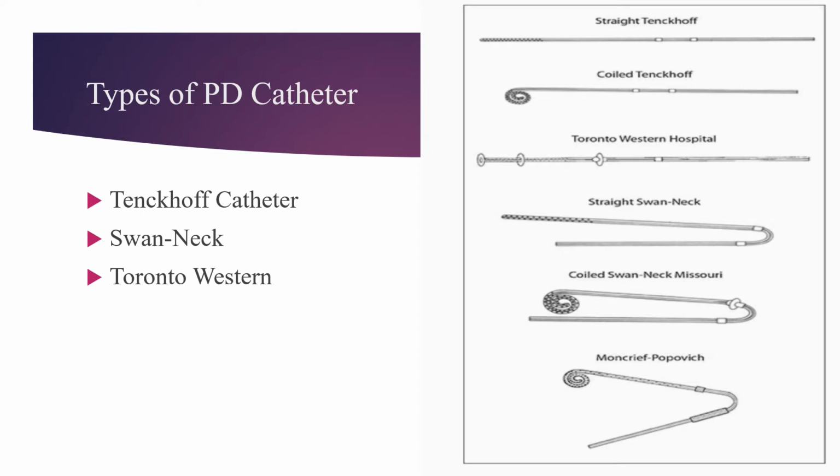The end of the tubing that is inside your abdomen has many holes to allow the free flow of solution in and out. There are three types of catheter: the Tenckhoff catheter, the Swan neck catheter, and the Toronto Western catheter. Each of them has a straight and coiled variation.